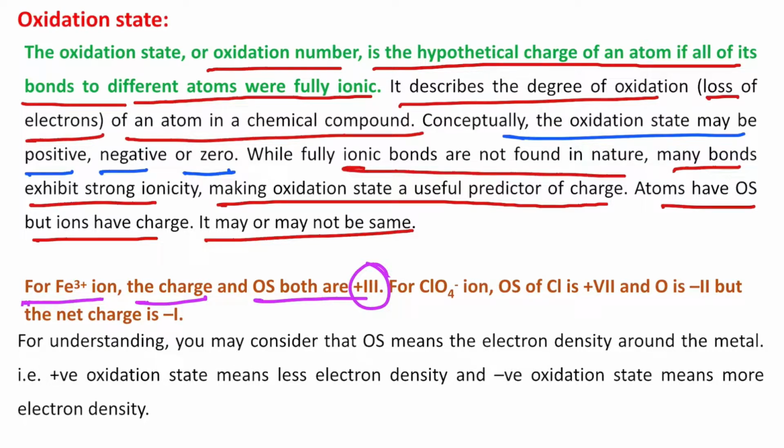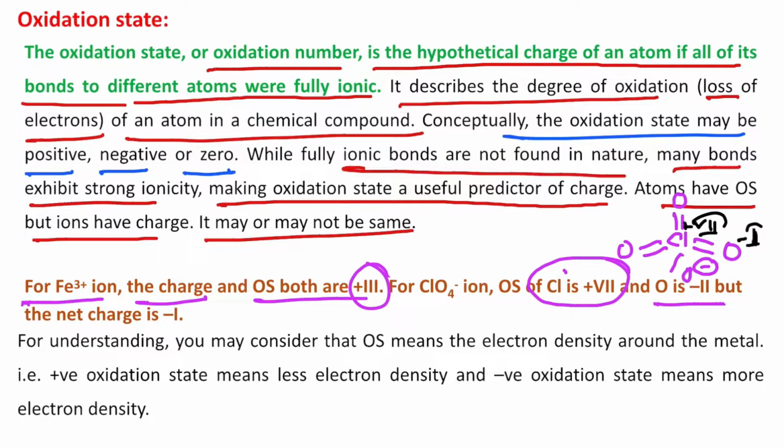But for perchlorate, the oxidation state of the central chlorine is +7, whereas the oxidation state of oxygen is −2, but the overall charge of this ion is −1. So oxidation state and overall charge of the moiety may not be the same.